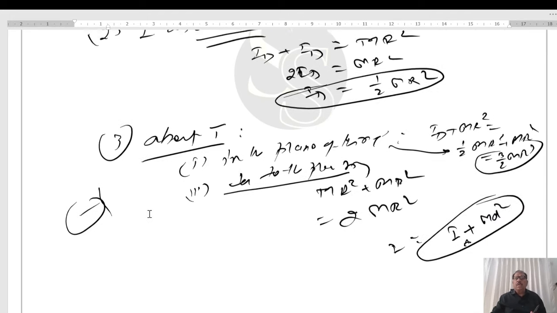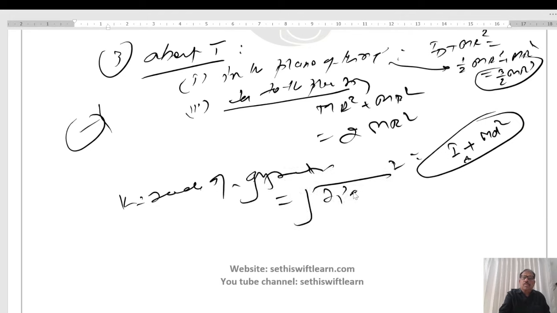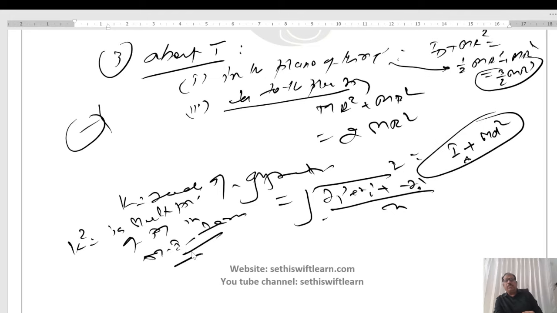Further, I will discuss what is K. K is radius of gyration, that is under root of R1 square plus R2 square plus so on, for n particles. And K square is the multiplier of m in the moment of inertia term. Right? In the moment of inertia term, k is the radius of gyration.